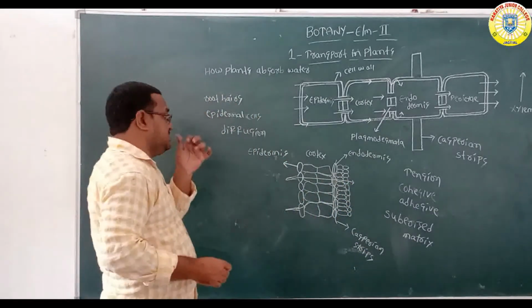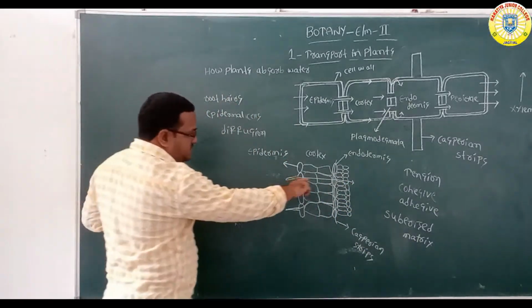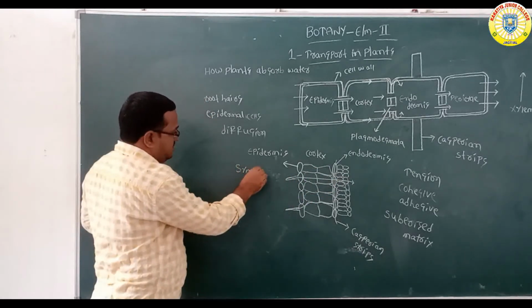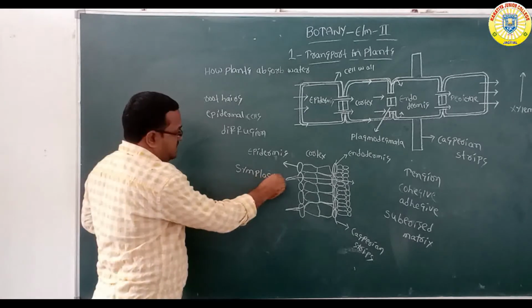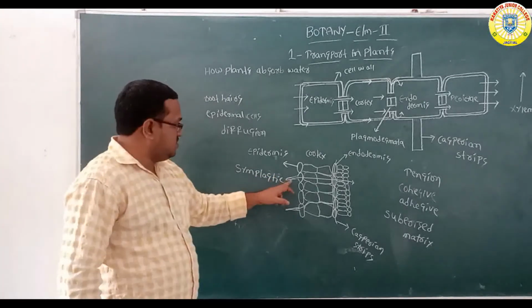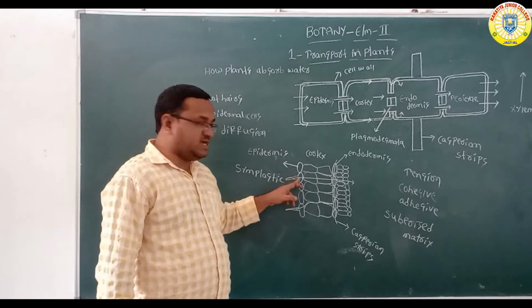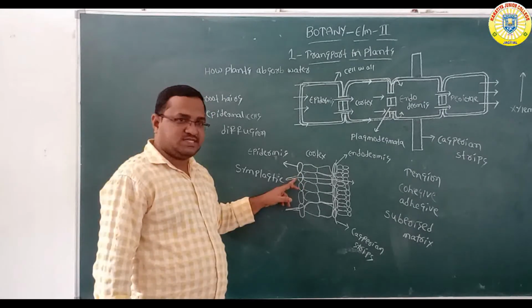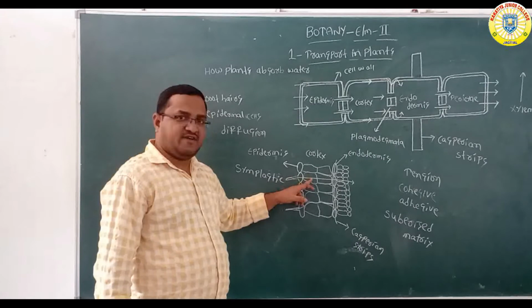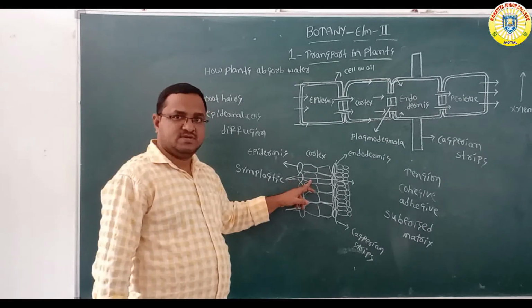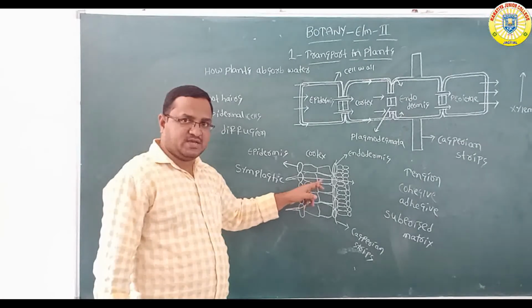Here you can see this is the symplastic movement. In this symplastic movement, from the root hair, the water enters the epidermis, then the cortex, through the cytoplasm of the cells. Through the cytoplasm only the water is entering.